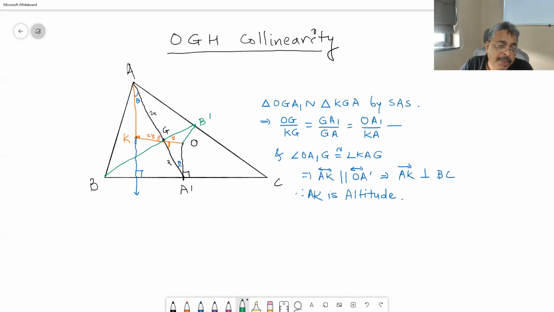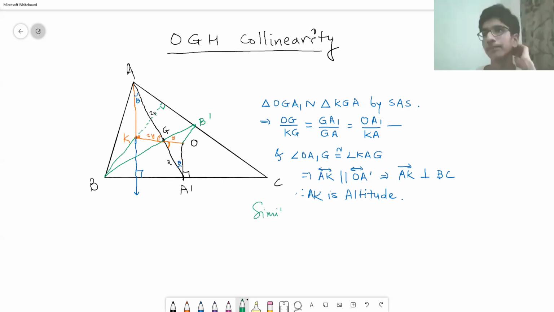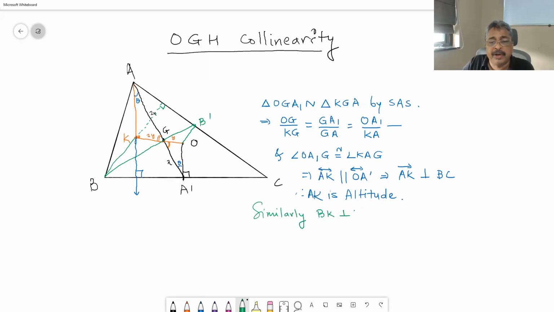And then we joined BK. Therefore, similarly, we can prove BK is also perpendicular to AC, and CK perpendicular to AB. Therefore, K is the orthocenter.